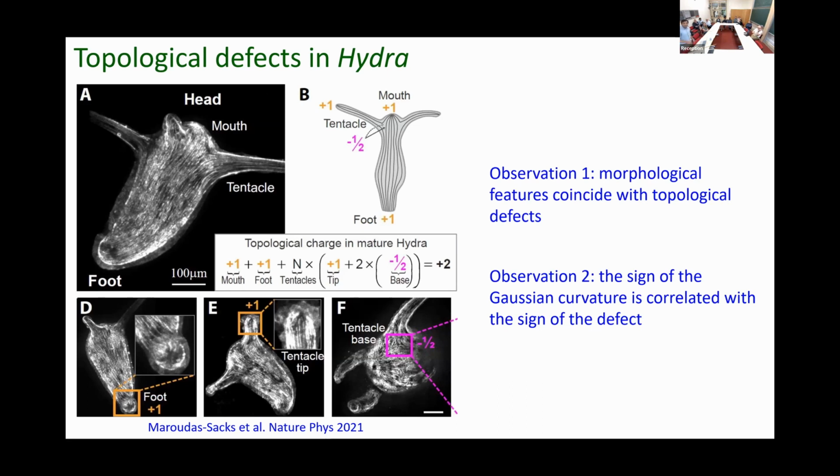So how many cells will there be in one tentacle, roughly? Just give a ballpark figure. Is it 10? Is it 100? Definitely more than 10. Maybe 100.